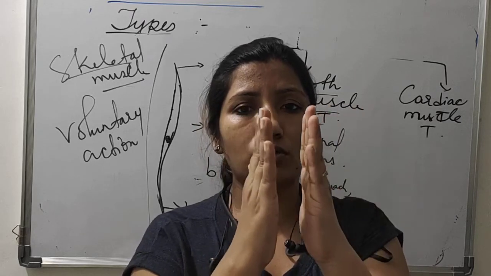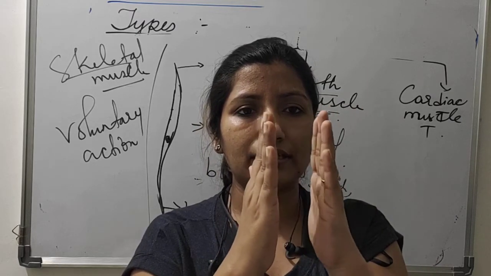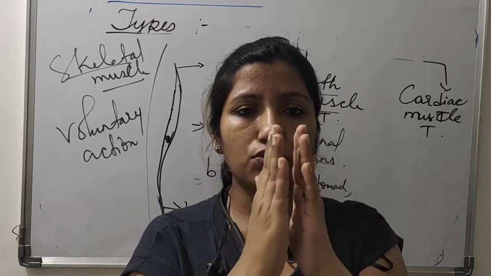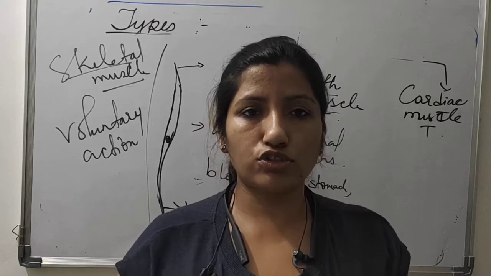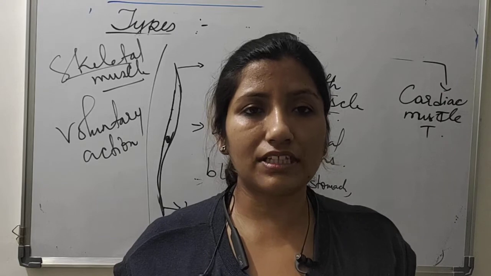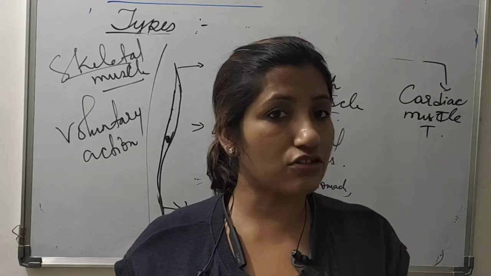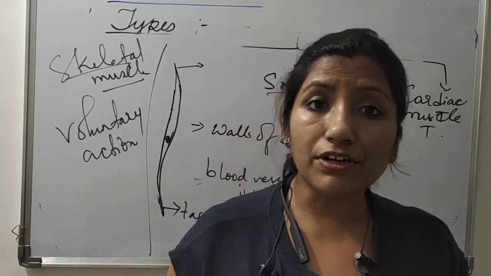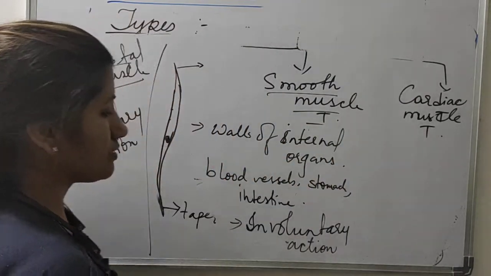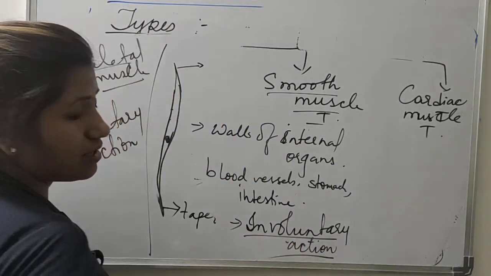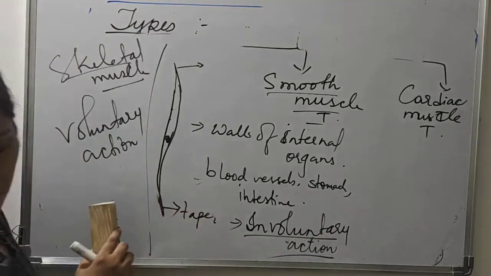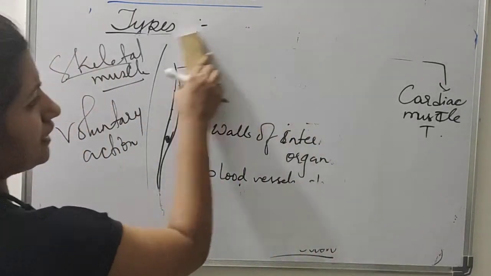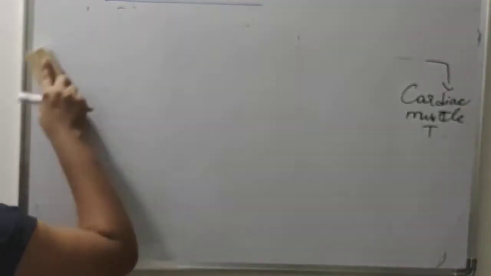So this constricting and dilating is a movement, right? Blood vessels and our intestine wall both do movement, and that movement is involuntary action, which is not in our control. It happens on its own under the control of the brain wherever it is necessary. Such kind of action is known as involuntary action. Alright, so that was smooth muscle tissue.